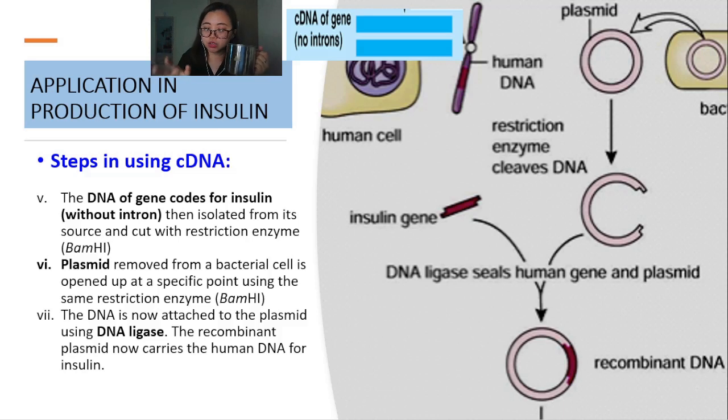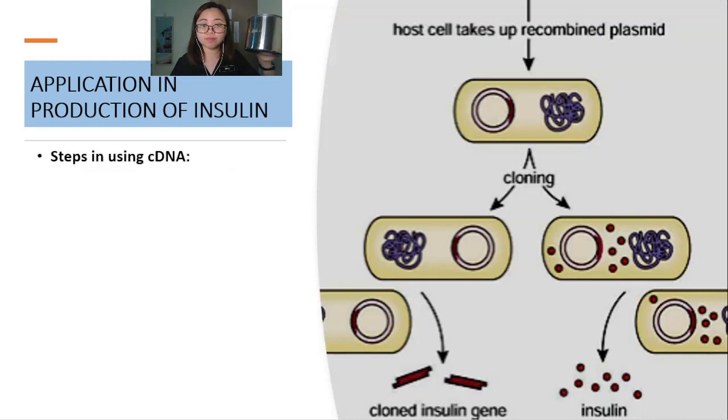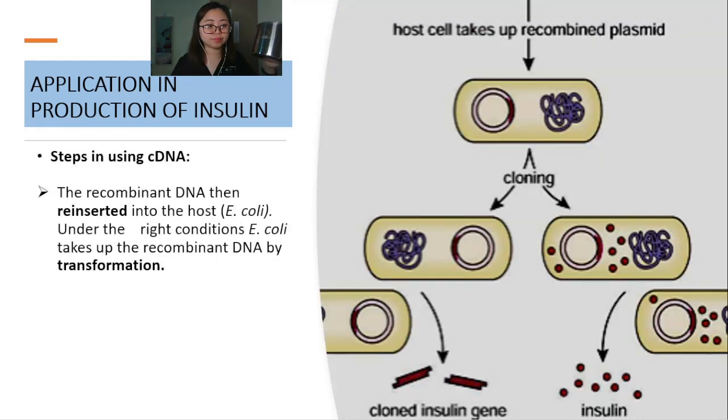So, disebabkan saya sudah campur cDNA dengan plasmid di dalam ini, sekarang ini mengandungi recombinant plasmid that carries the human DNA for insulin. Now, I can use this in the next step.